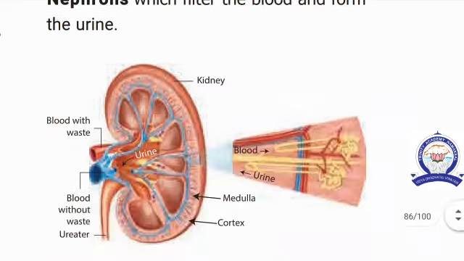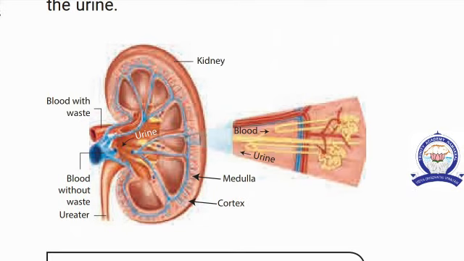It is covered by a double wall membrane that is called the capsule. The outer part is known as the cortex. The inner part is known as the medulla.